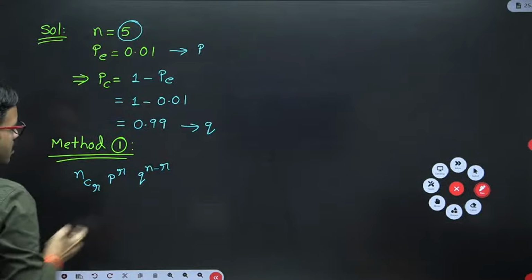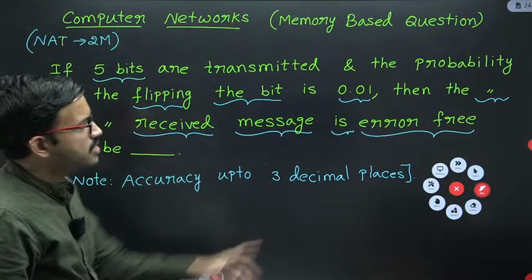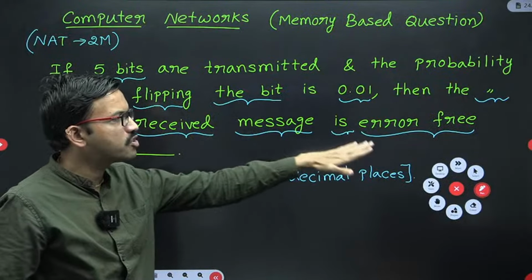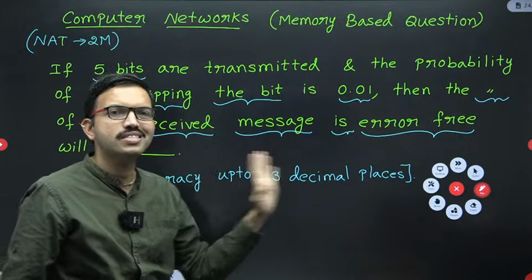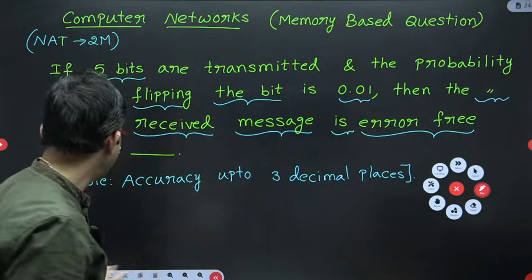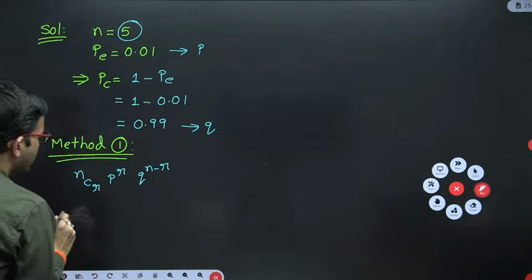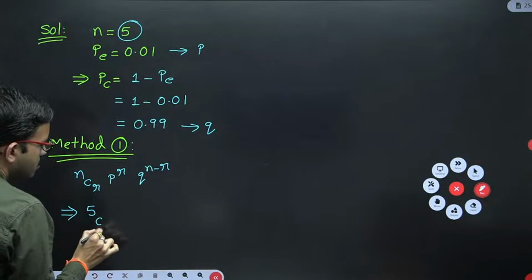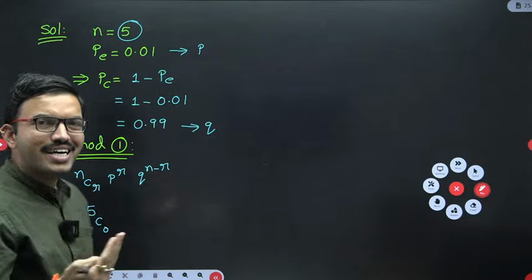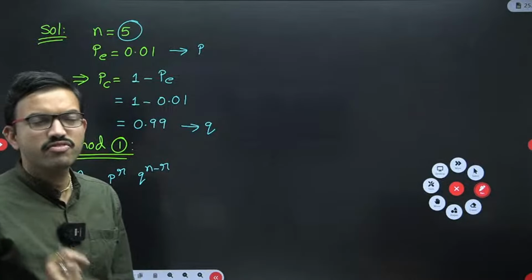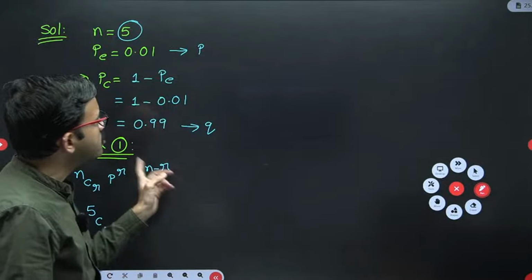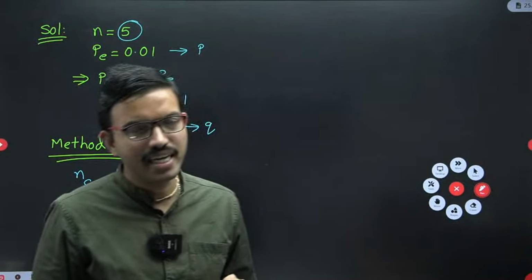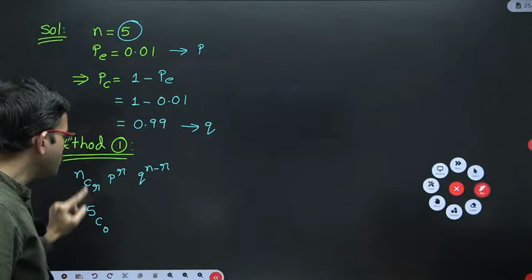Now the question asks for the probability that all 5 bits you transmitted are received error free. That means all the bits are correct, so there is no single bit in error. So the R value is going to be 0.